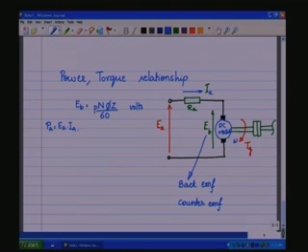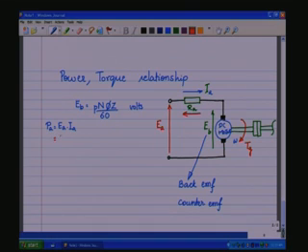And out of this EA, if we apply Kirchhoff's voltage law here, KVL, EA is equal to the voltage drop across this plus the voltage drop which is across the motor, which is the induced EMF or the back EMF.